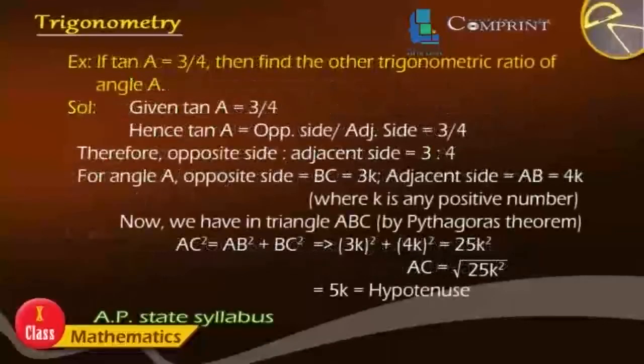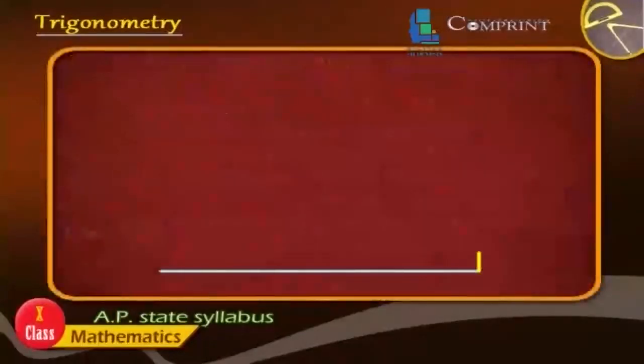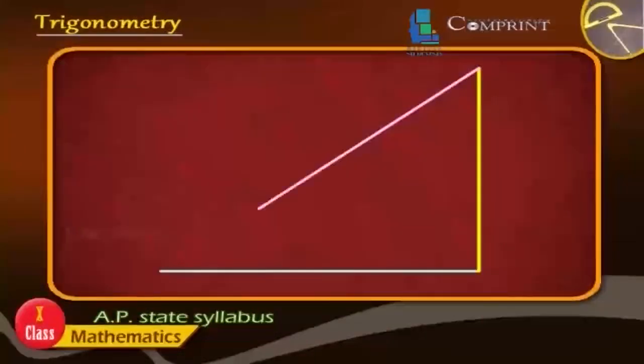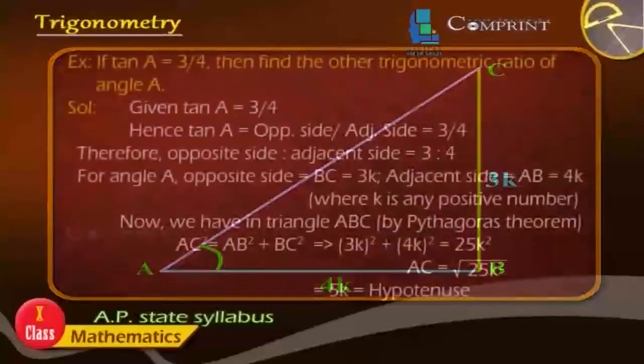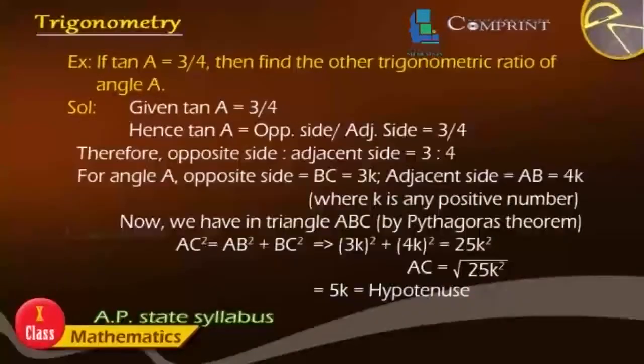Example: if tan A is equal to 3 by 4, then find the other trigonometric ratios of angle A. Solution: given tan A is equal to 3 by 4, hence tan A is equal to opposite side by adjacent side is equal to 3 by 4.